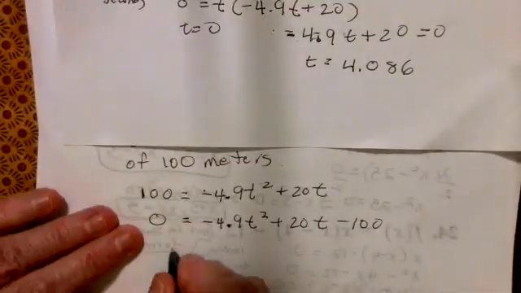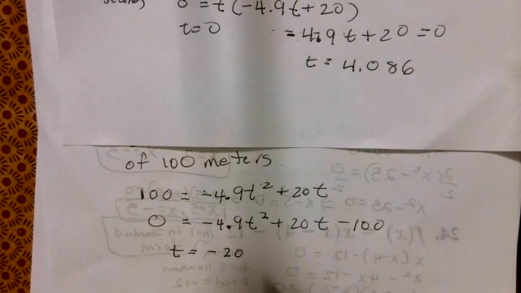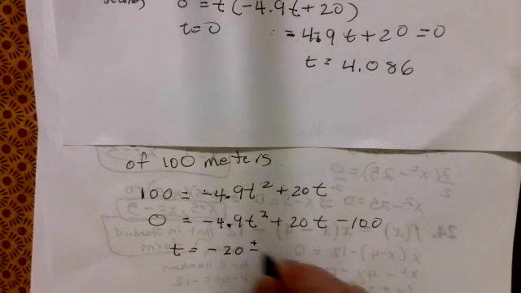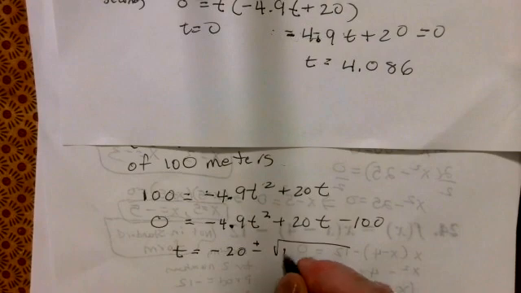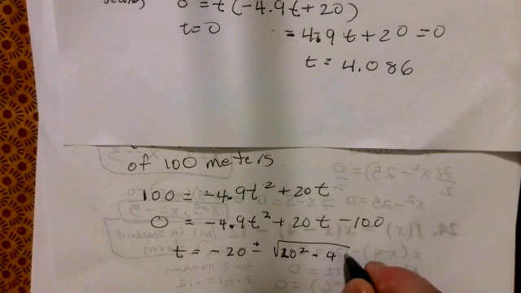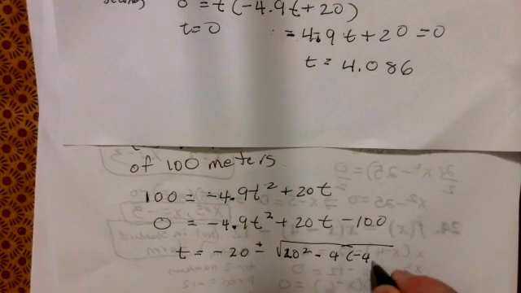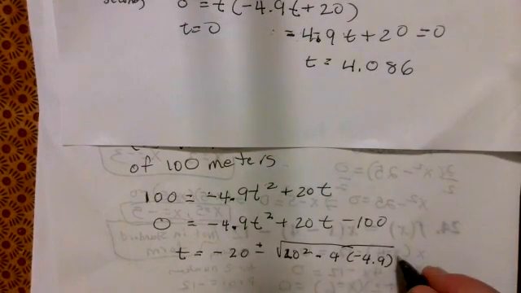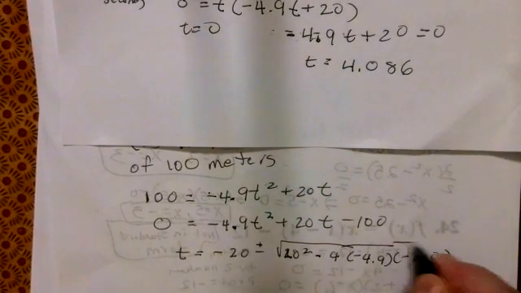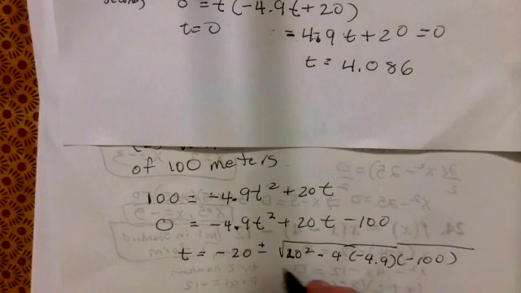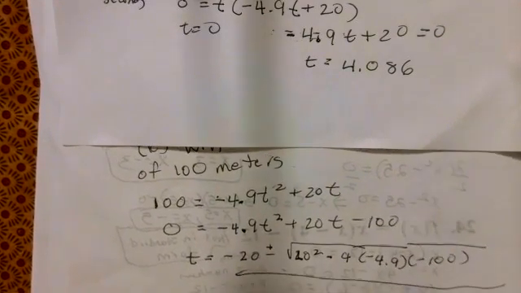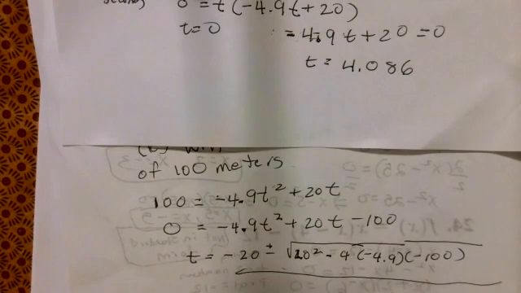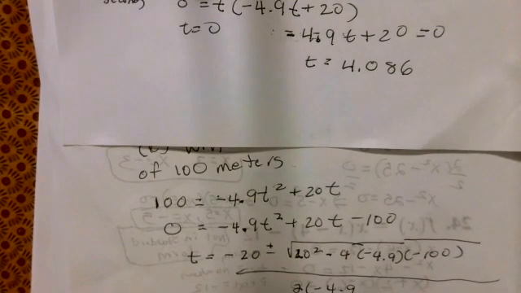Then when you substitute into the quadratic formula, you'll get t equals minus 20 plus or minus 20 squared minus 4 times minus 4.9 times a minus 100, because that's 4ac, all over 2 times a, which is 2 times negative 4.9.